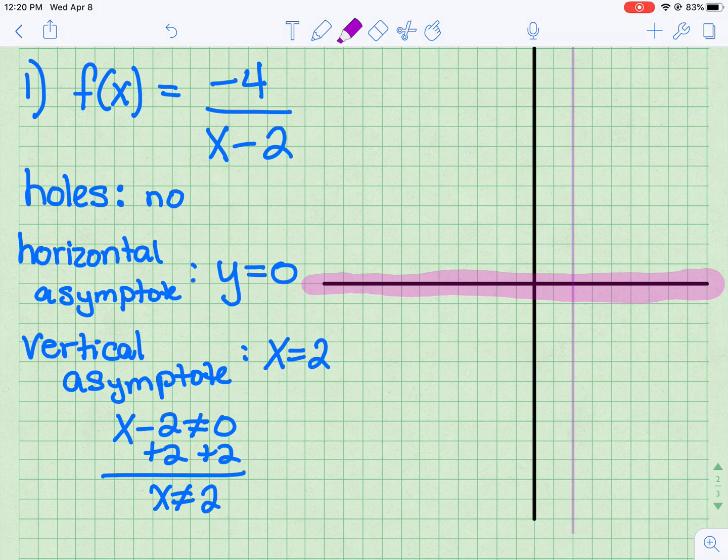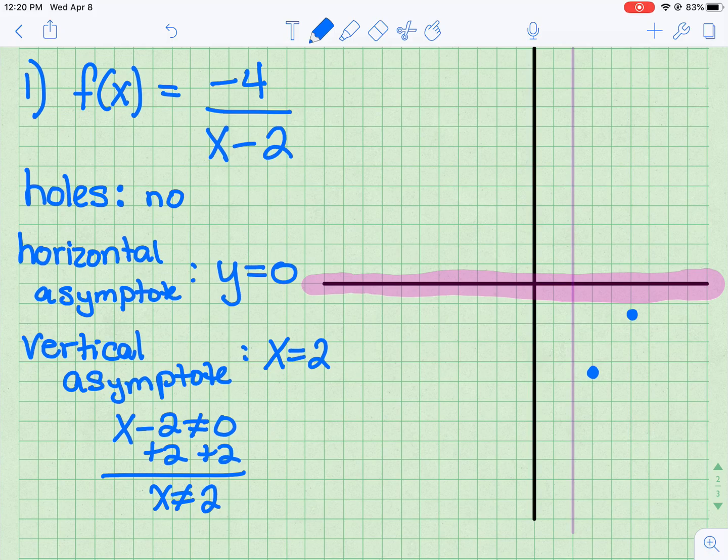I'm just going to move around and get some approximate values. At around 3, I'm not looking for perfect values here, it's around -4.5. So here's my 3, and then 1, 2, 3, 4.5. I'm just going to put some approximates on there and then connect them. I'm not going to be overly picky. And 5 is -1.3.